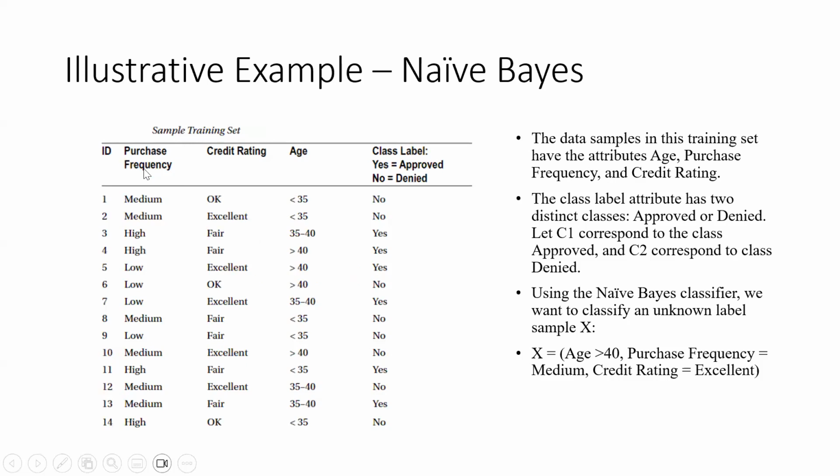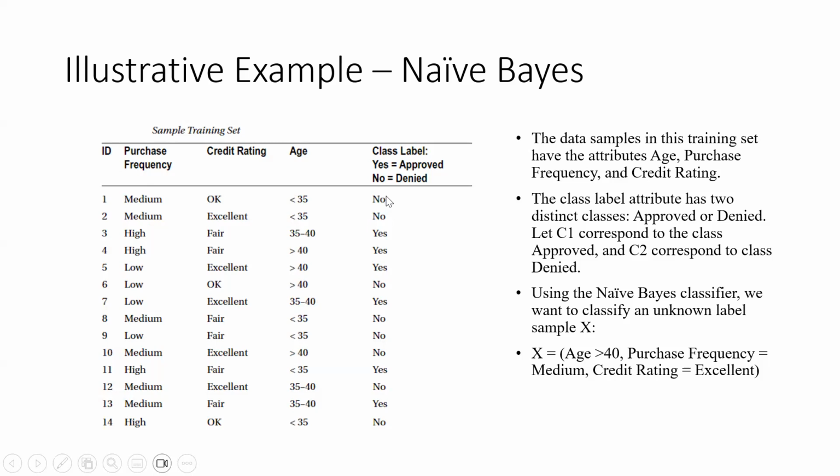Now, these are the items you have. You have the ID, and these are the features: the purchase frequency, the credit scoring, the age of the person, and whether approval was granted or not.